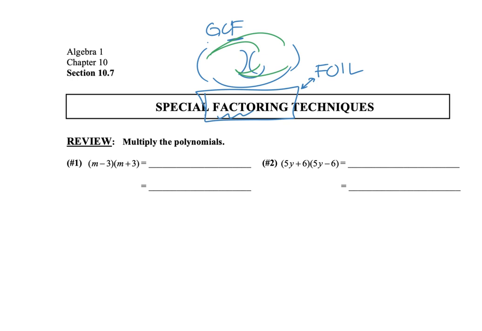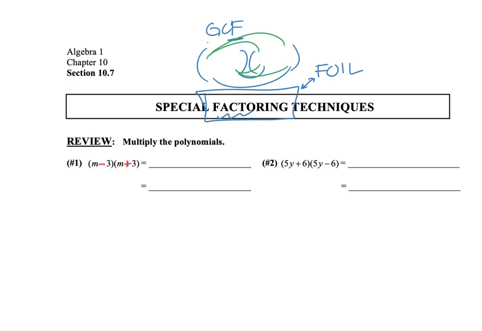So when I look at number 1 here, and it says multiply these, I certainly am going to FOIL this. So I want you to notice as well that these two things look very similar, right? That is an m minus 3, and that is an m plus 3. So those are really similar. The only thing that's different is the plus and the minus.